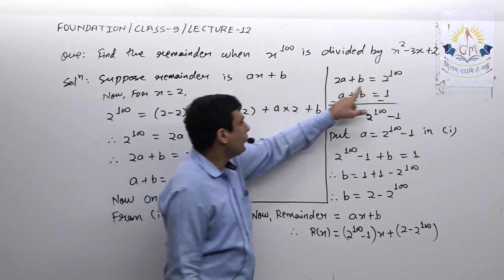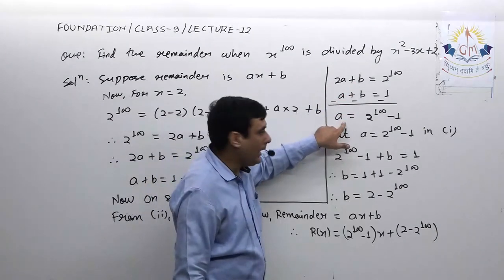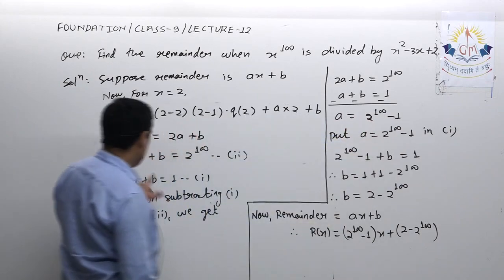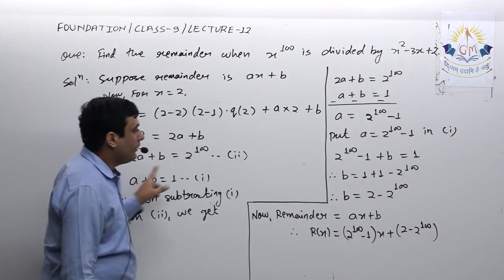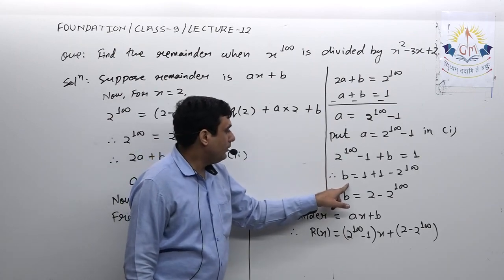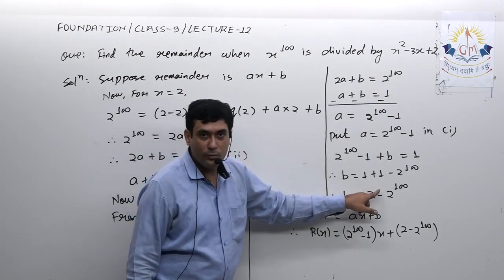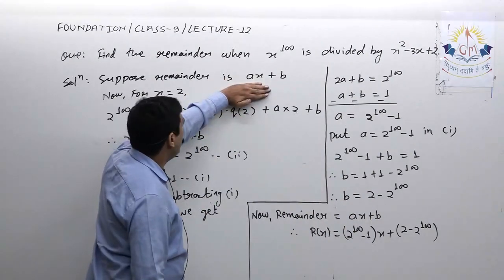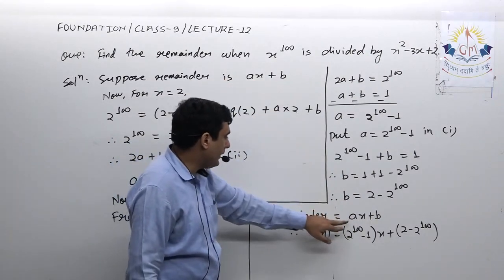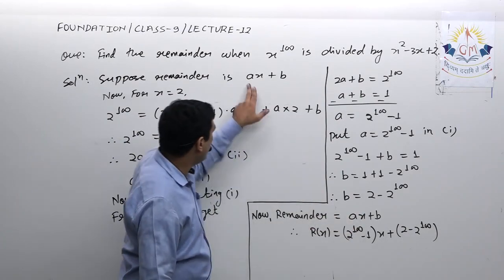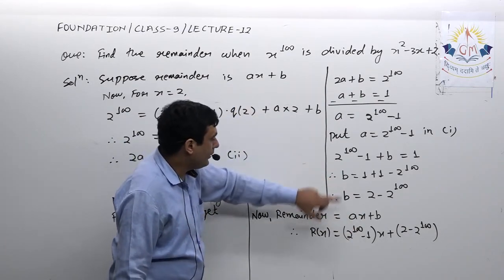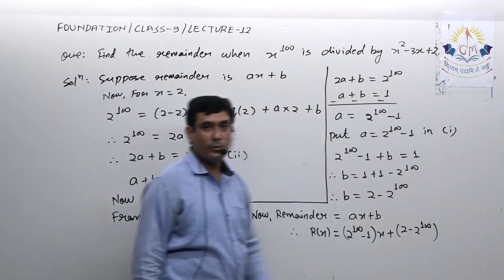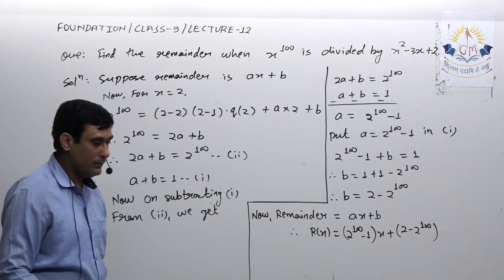By solving these two equations, I got the value of a, 2 raised to 100 minus 1. That value of a I kept in equation number 1 to get the value of b, which is 2 minus 2 raised to 100. Then, since in the starting we assumed our remainder is ax plus b, I just kept those values of a and b over here. So 2 raised to 100 minus 1 multiplied by x plus 2 minus 2 raised to 100. That is the final answer.